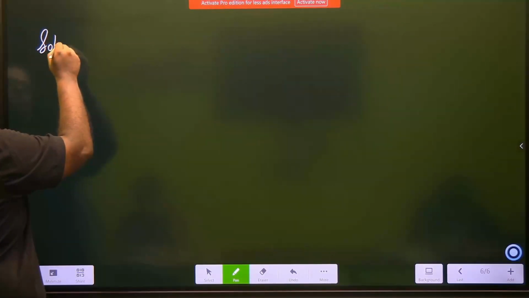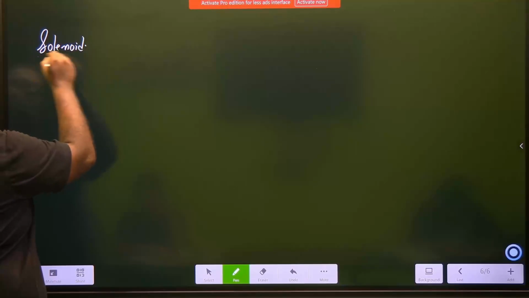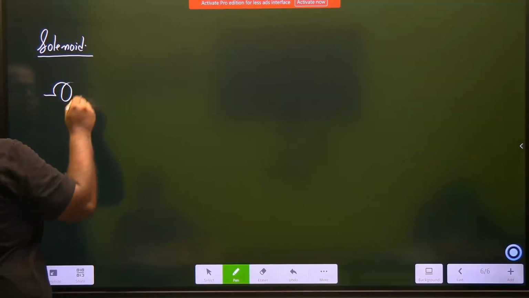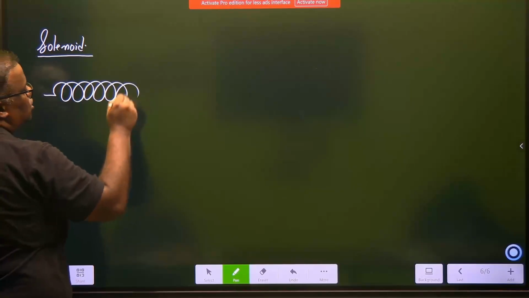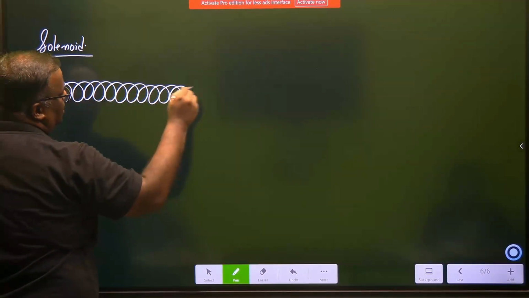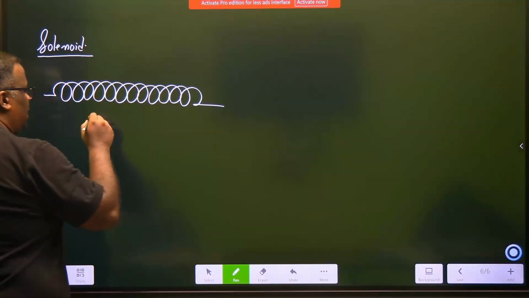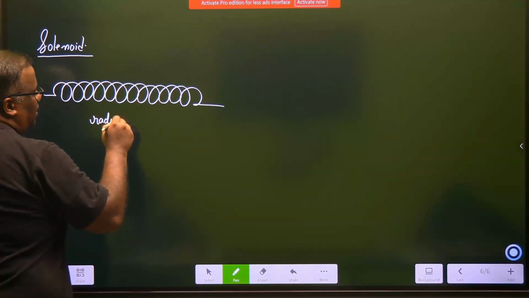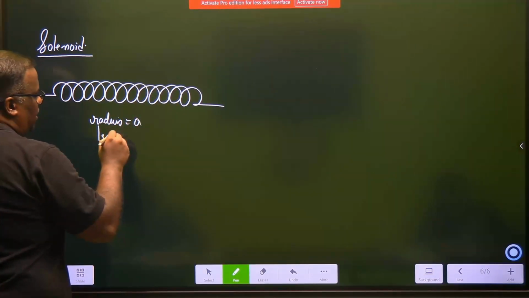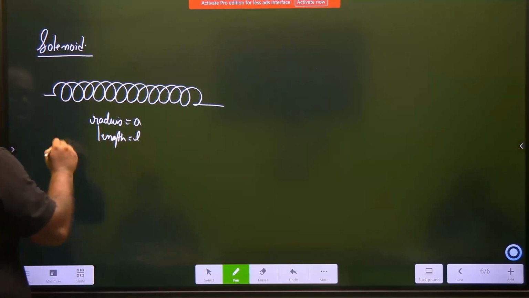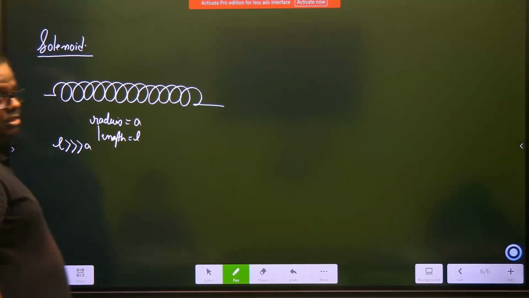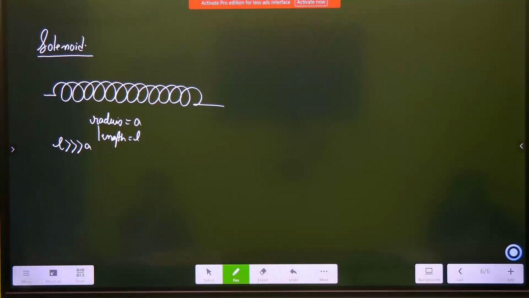I don't know how much you remember from grade 10. So what is a solenoid? A solenoid is an arrangement of closely wound, insulated turns of copper wire, where if the radius is equal to say A, and the length is equal to say L, then L is actually much more than A. The wire might look shining like copper, but it is actually powder coated and insulated, and the turns are closely wound.